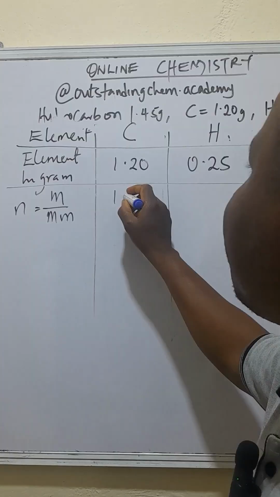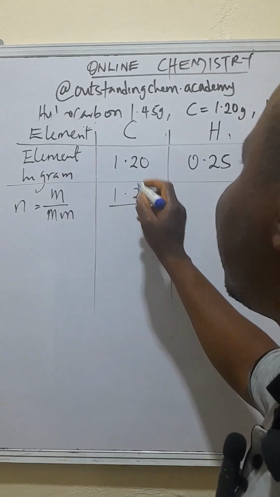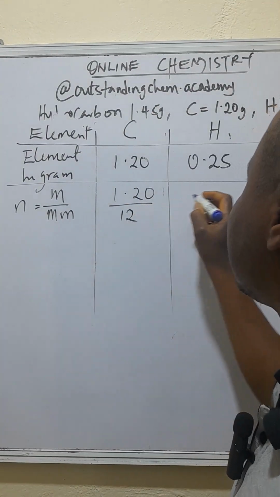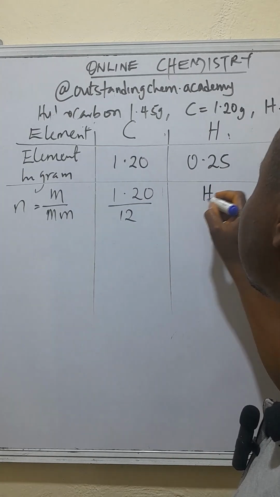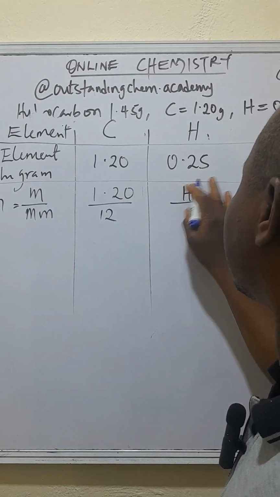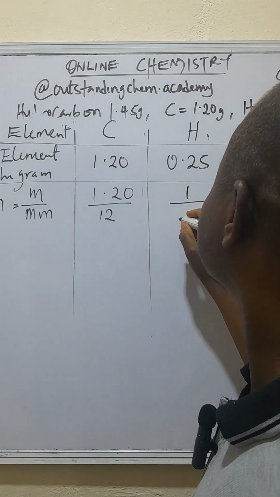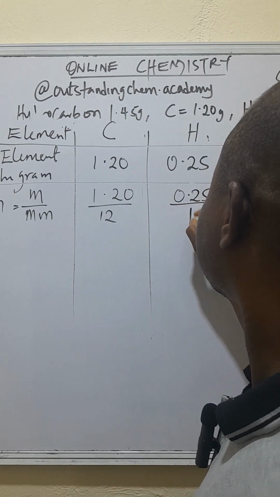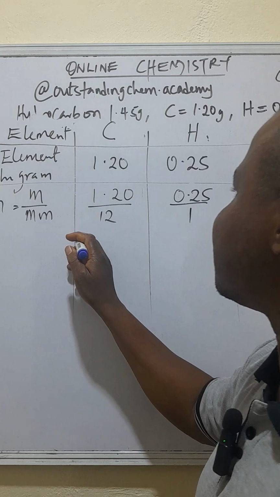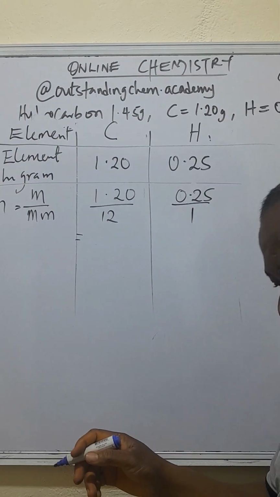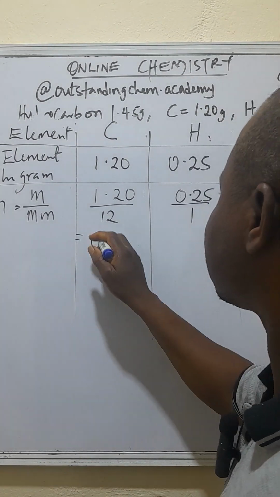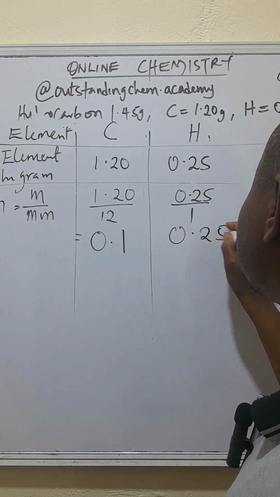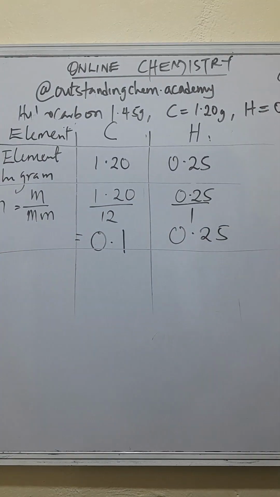So we have 1.20 divided by the molar mass of carbon, which is 12, while hydrogen is 1. When you divide this, it gives you 0.1, and this still remains 0.25.